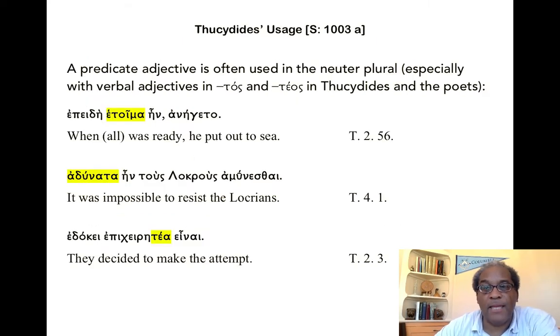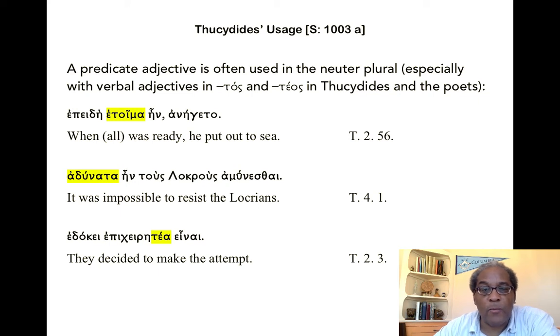Now this comes into play in Thucydides with these predicate adjectives. A predicate adjective is often used in the neuter plural, especially with the verbal adjectives in -tos and -teos in Thucydides and the poets. So we have three examples here from Thucydides. Epei de hetoima ên, anêgeto. When all was ready, he put out to sea.